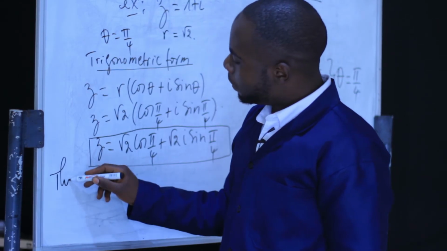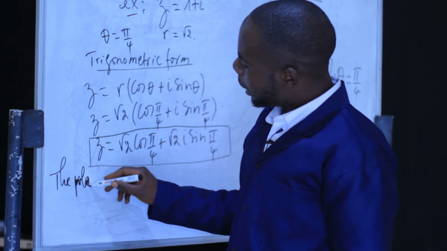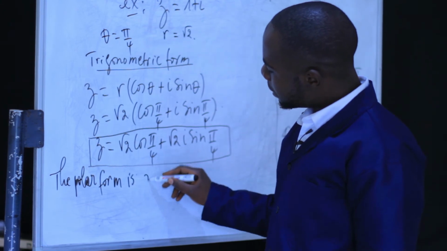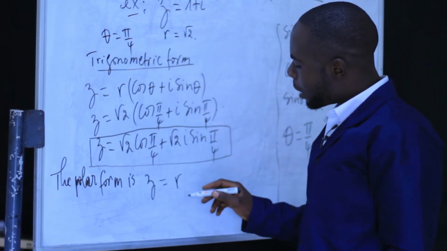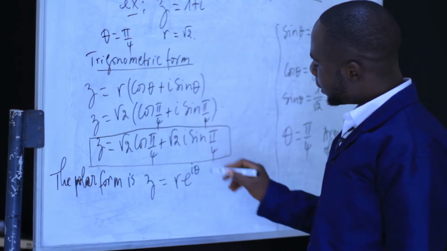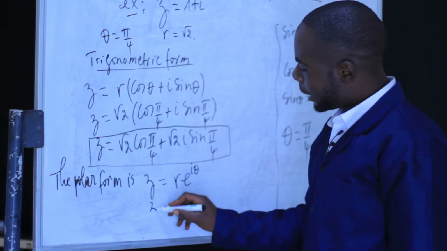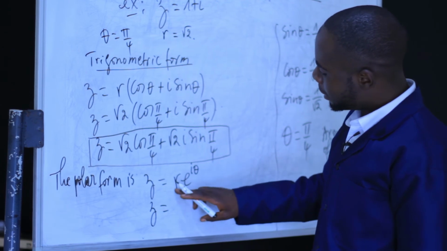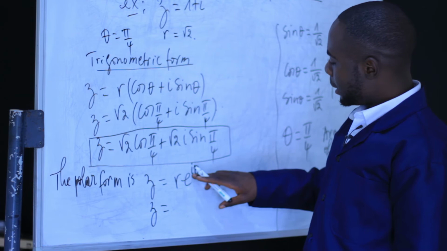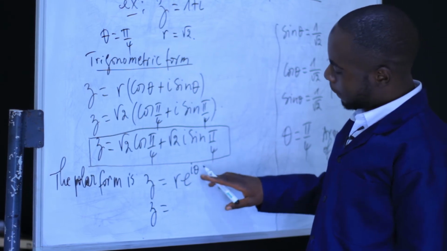The polar form is z, which is equal to r e to the power i theta. It means z will be equal to the modulus times the exponential constant to the power i times the argument.